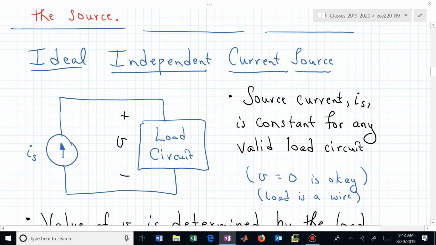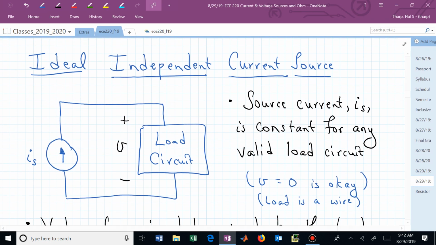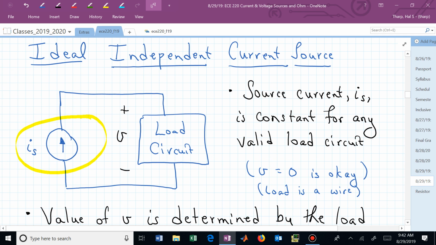Current source, ideal. Well, we'll describe it consistent with how we've described the voltage source. But now, what do you think is going to be maintained? I sub S, no matter what that voltage is across the load circuit.